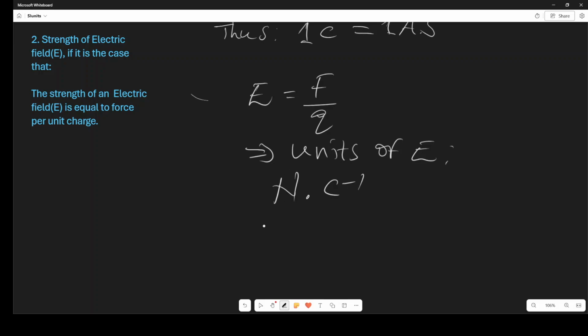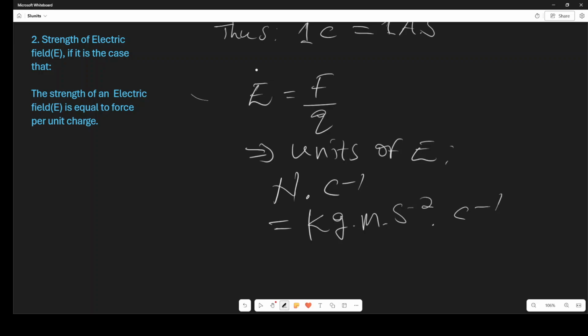This is equal then, in terms of base units, to the units of 1 Newton. We know that 1 Newton is equal to 1 kilogram meter per square second, and therefore times this by per coulomb.